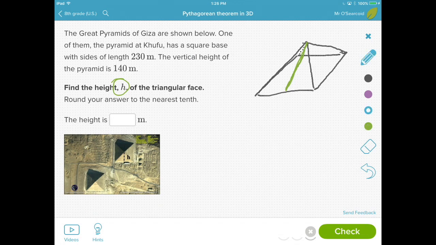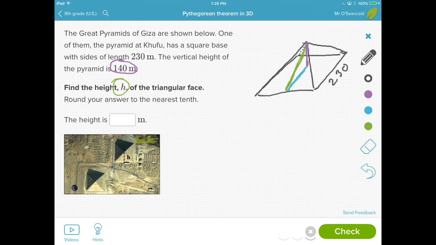We do know that if we go into the base, right to the very center of the base, and we look at the height from the center up to the point at the top, that height is 140 meters, that purple height right there. So we can see there's a right angle triangle created by the height and the center of the base.